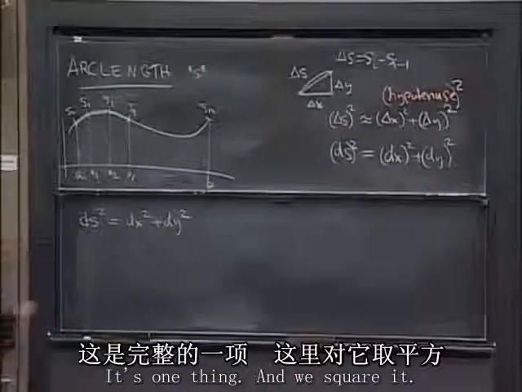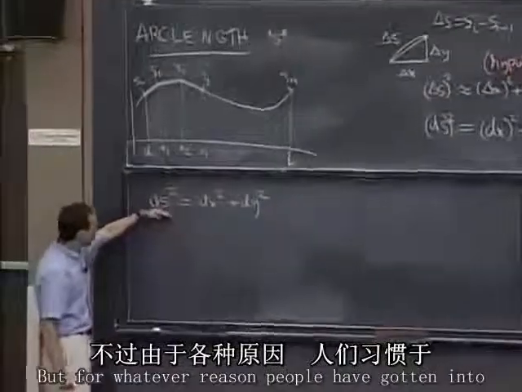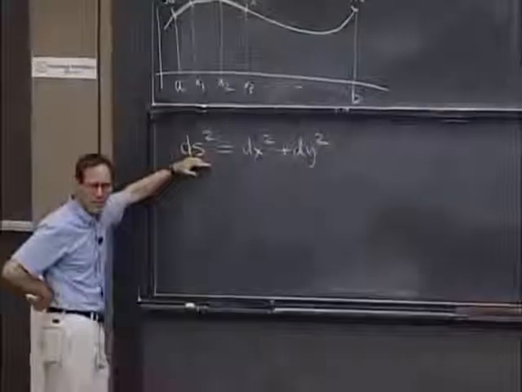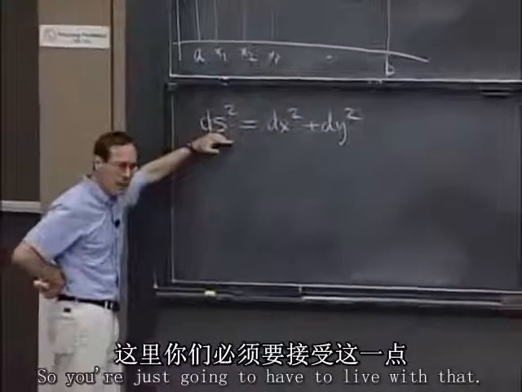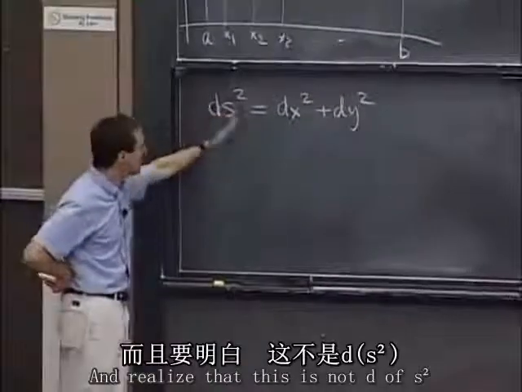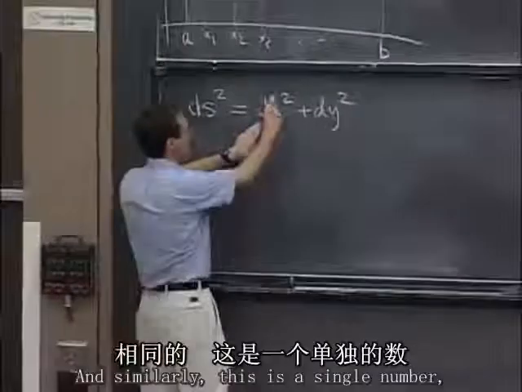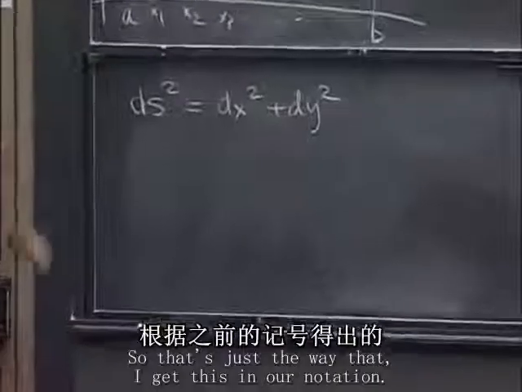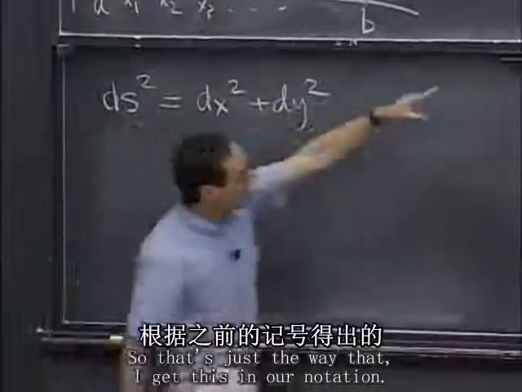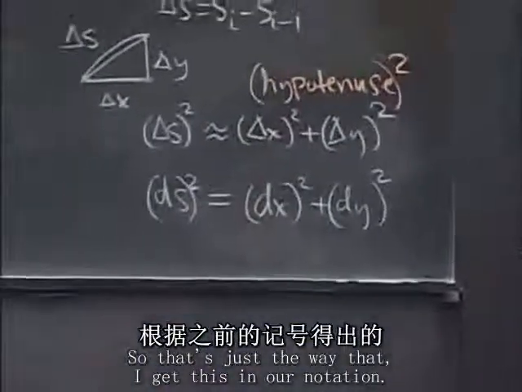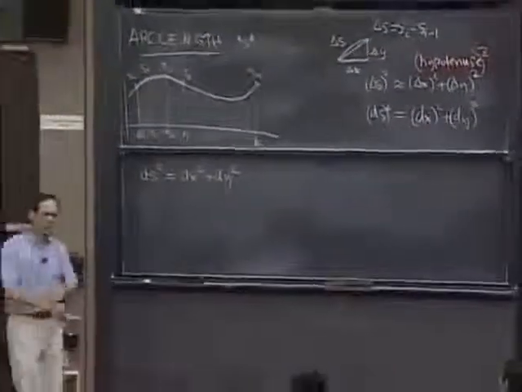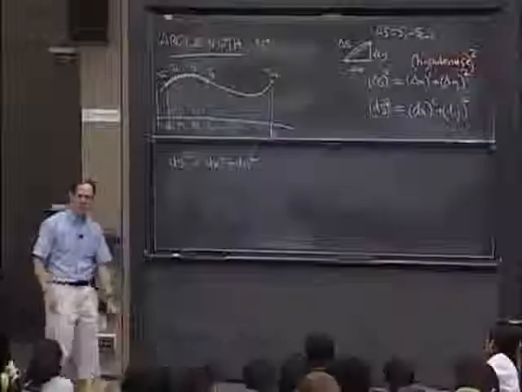And we square it. But for whatever reason, people have gotten into the habit of omitting the parentheses. So you're just going to have to live with that and realize that this is not d of s squared or anything like that. And similarly, this is a single number, and this is a single number, or infinitesimal. So that's just the way that this idea gets written in our notation. And this is the first time we're dealing with squares of infinitesimals. So it's just a little different.